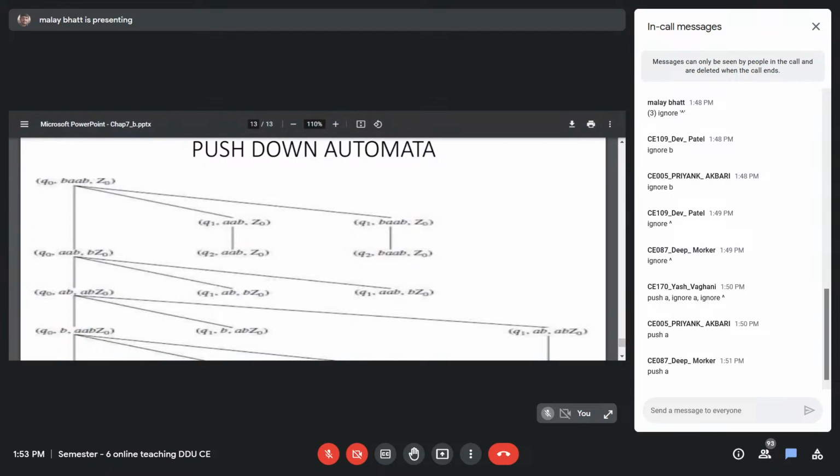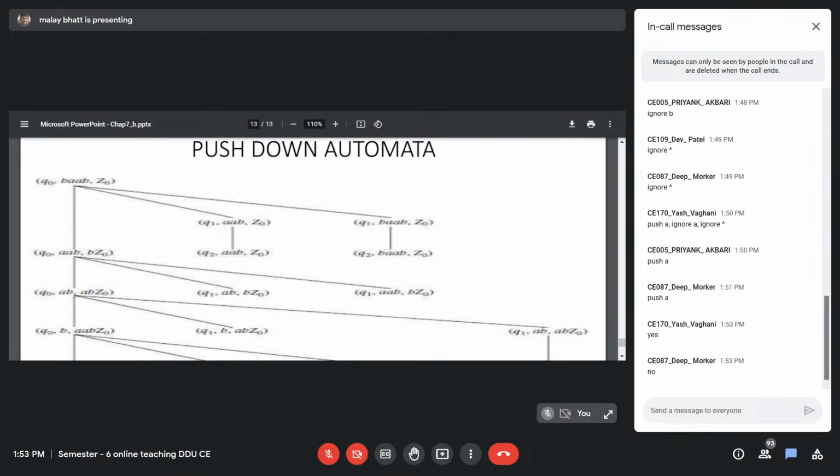I hope you are getting this flow, what we are doing here. Right? So what will happen with the left branch now? Will the left branch succeed? The leftmost branch will not succeed, right?